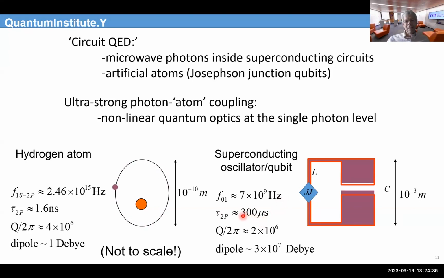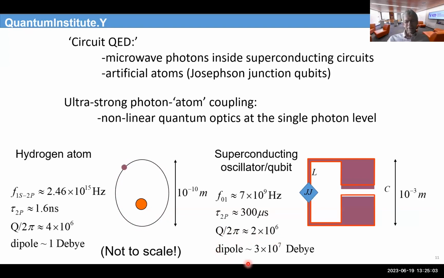The lifetime of the excited state in free space is about 100 nanoseconds, but if you put this inside a cavity to try to prevent it from radiating spontaneously, you can get 300, 500, perhaps even 1,000 microseconds of lifetime. And the Q is comparable to that of hydrogen, a few million.